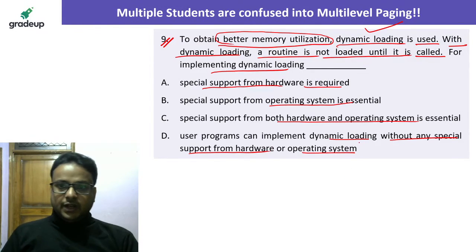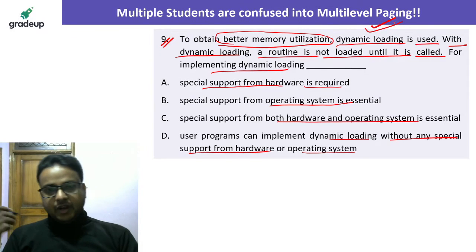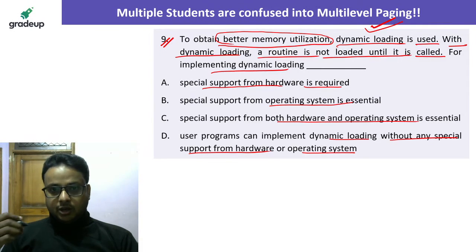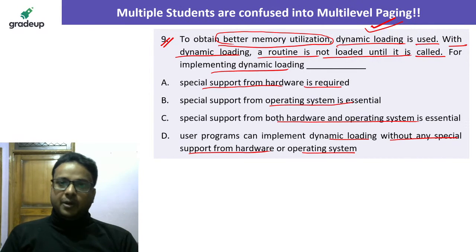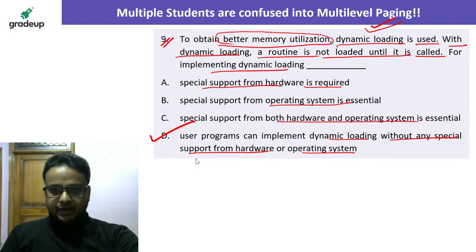So dynamic loading is the way that whenever you need a process or some pages, it will be loaded whenever it is needed. So there is no special support from hardware or operating system. So the answer of question number 9 will be option D. Correct?